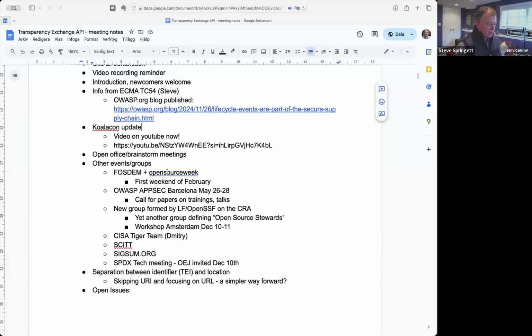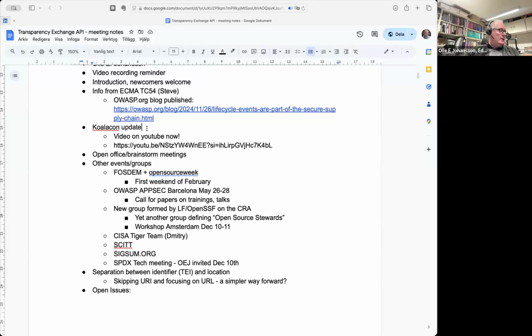Ultimately the ECMA repo will end up being the source of truth, and the existing repo will likely be archived. We'll probably keep the existing repo for presentations and other stuff, but not the specification.